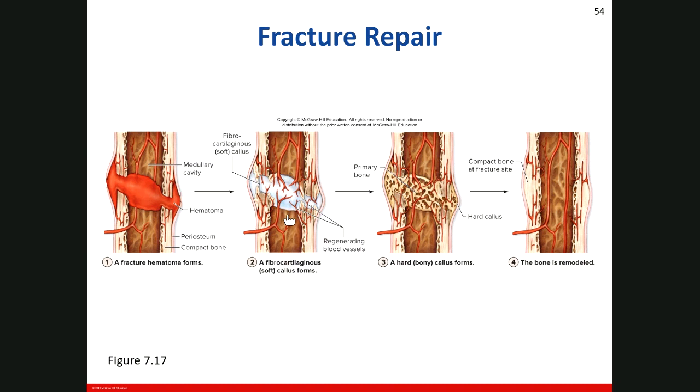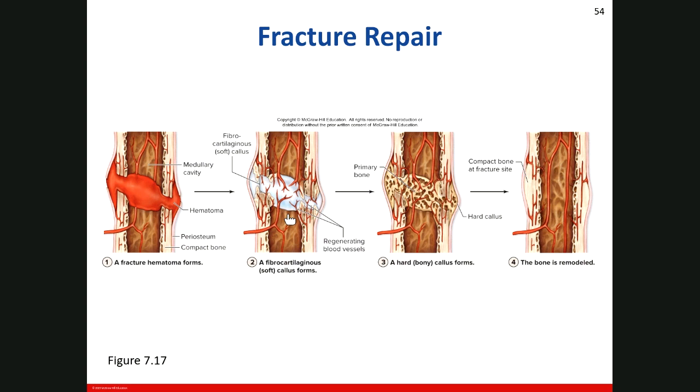The chondroblasts in the newly growing connective tissue form a dense regular connective tissue associated with the cartilage.